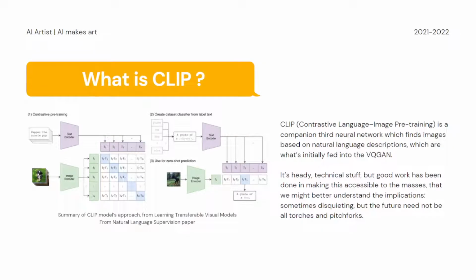So, what is CLIP? CLIP is a neural network consisting of a set of neurons, and what they are doing is taking a set of text and making it understandable as to what the text is actually meaning.